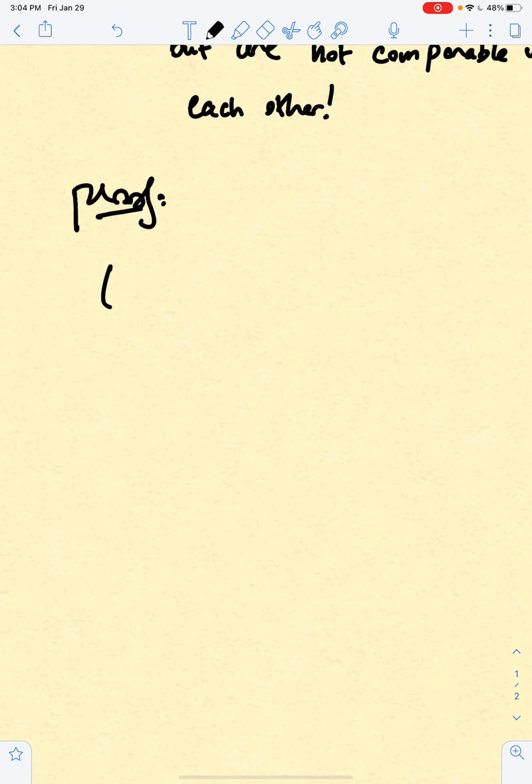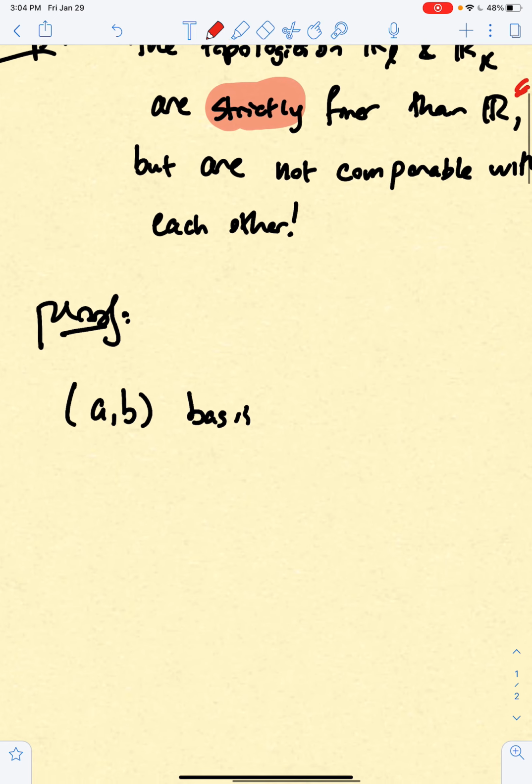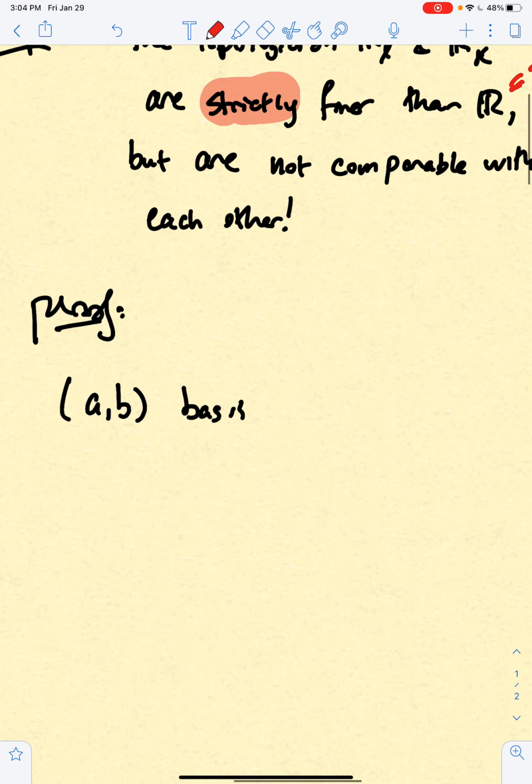Well, we take some basis element of the standard topology. Maybe I'll call the topologies here tau prime, tau double prime, and tau. So this is a basis element in tau.